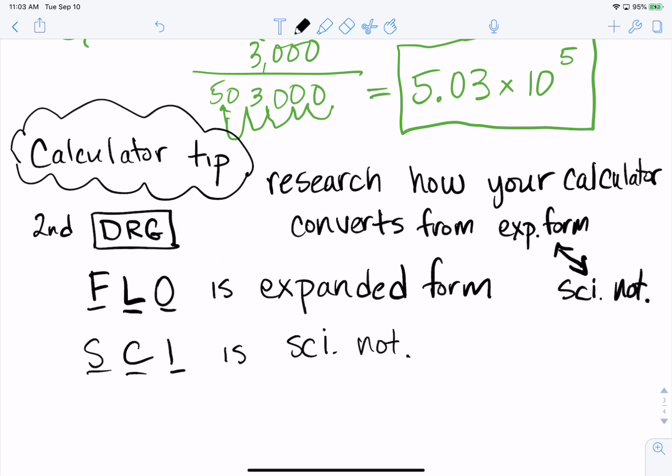And the reason being is it makes it really nice and easy. If your answer is in expanded form, you just hit a few buttons, it puts it in scientific notation, and then you don't have to think about it. Especially when you've got lots of zeros.